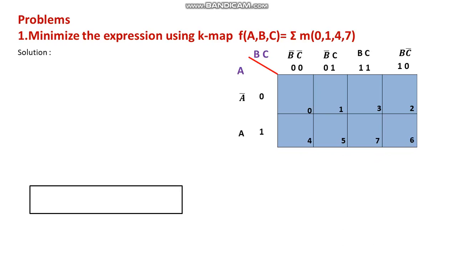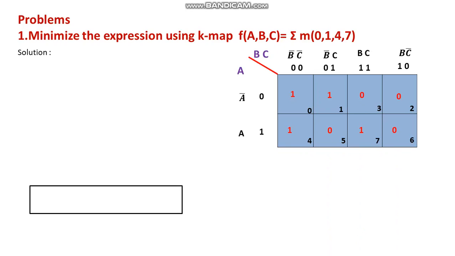The expression given is summation of m is equal to 0, 1, 4, 7. So we will place ones in cell numbers 0, 1, 4, 7, the corresponding cells. In the remaining cells, we need to fill the zeros. So this is the first step.